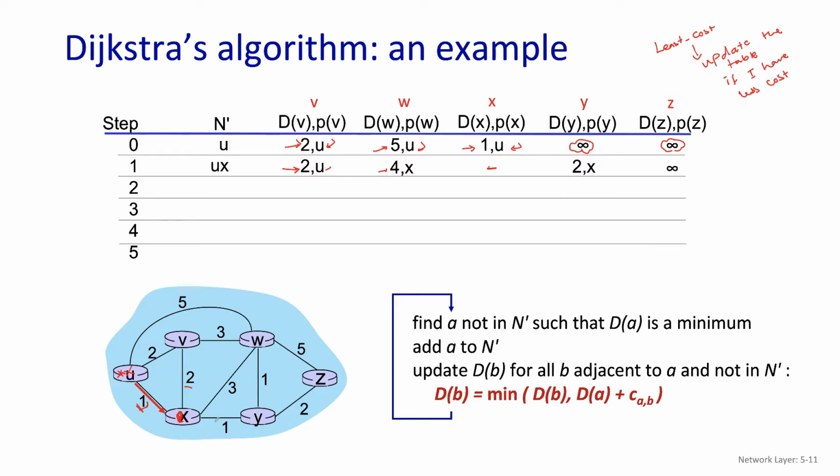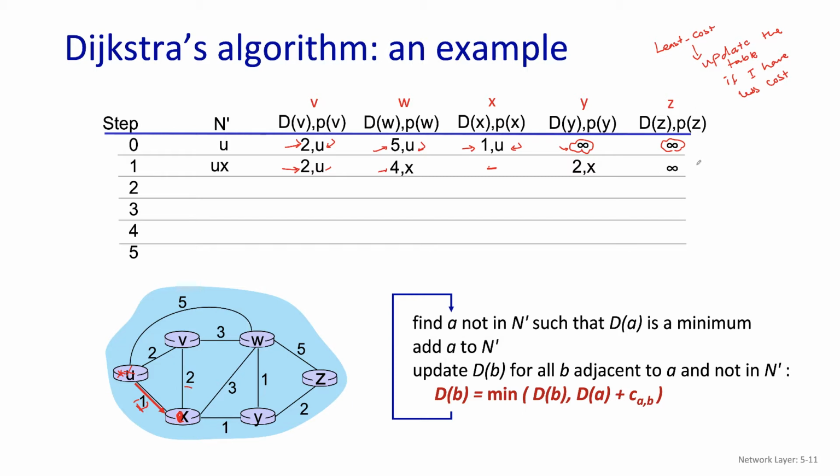Now, from X to Y, it's going to be 2 because 1 plus 1 is 2. And 2 is less than infinity here, right? Therefore, I can go to Y from U through X with the cost of 2. So can I go from X to Z at this point? As you can see, there's no direct link, right? Therefore, I'll leave it as it is, which is at this point infinity.